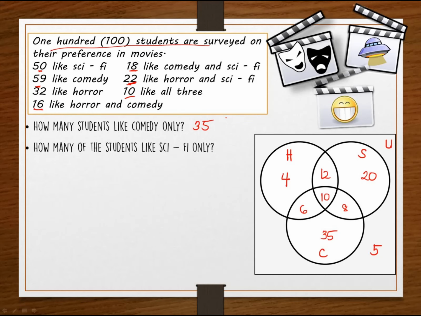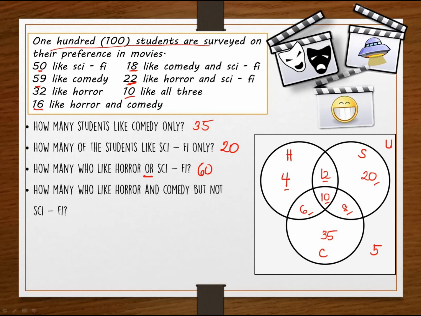As you see in the diagram, there are 20 students. How many like horror or sci-fi? Or represents union of the two sets, meaning we add all the entries of the whole circle of horror and the sci-fi. That gives you a total of 60 students.